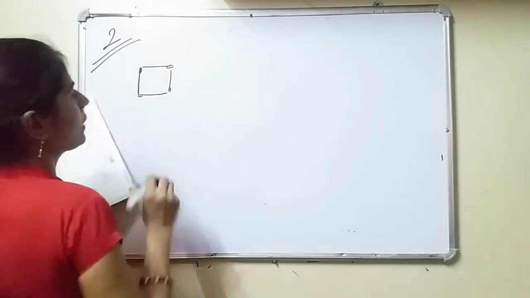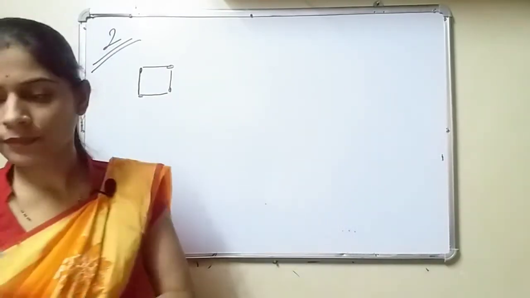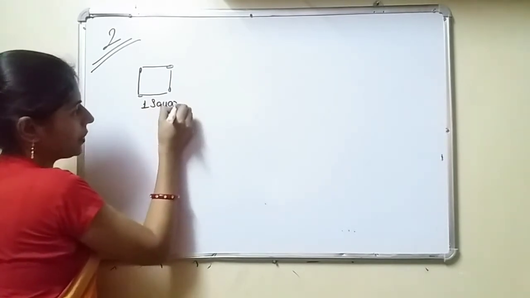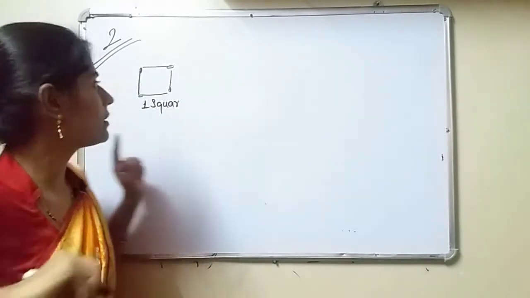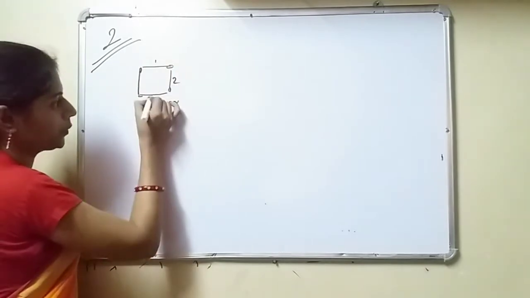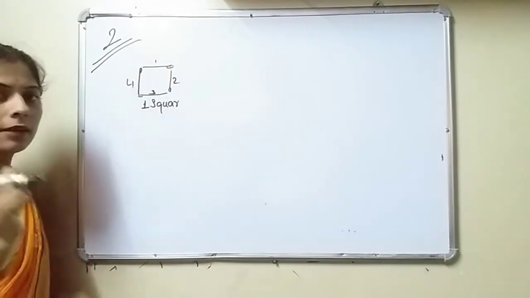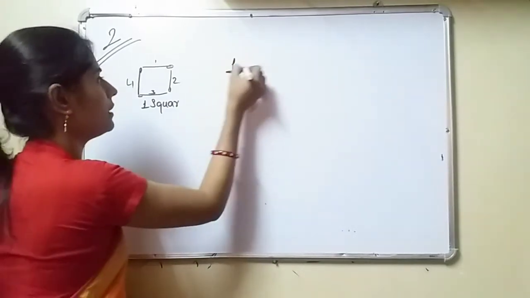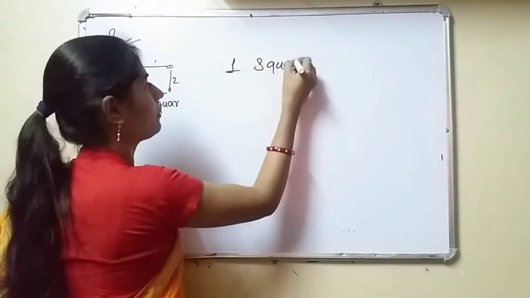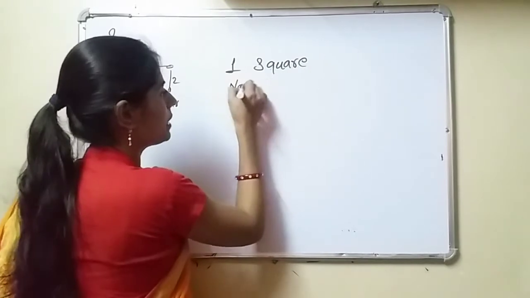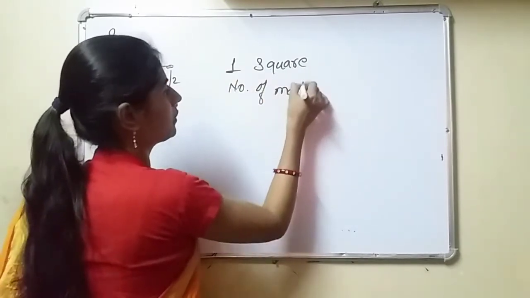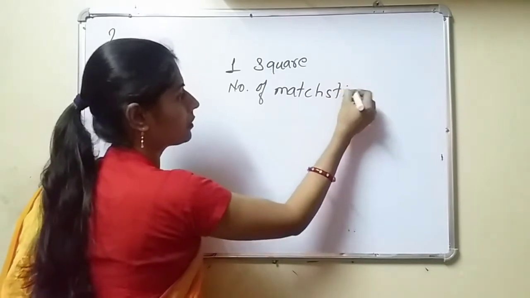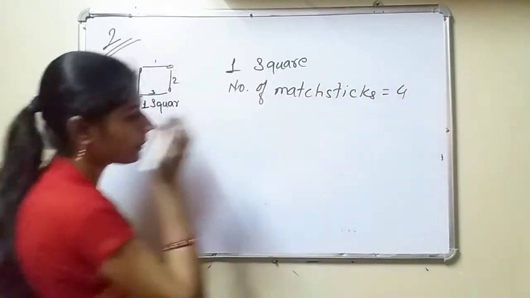Now see, this is one square. And how many matchsticks are there? 1, 2, 3 and 4. It means in one square the number of matchsticks is equal to 4.